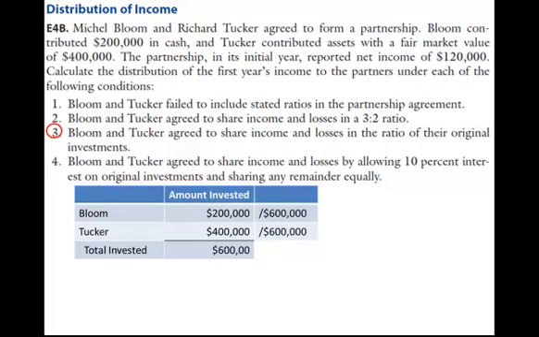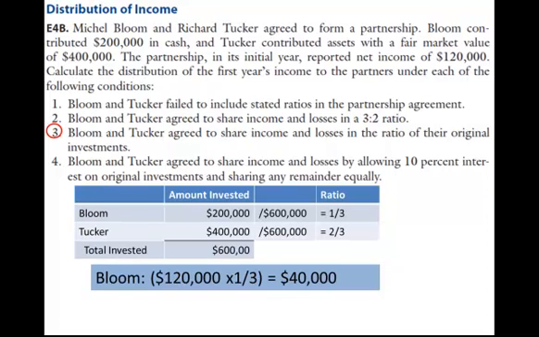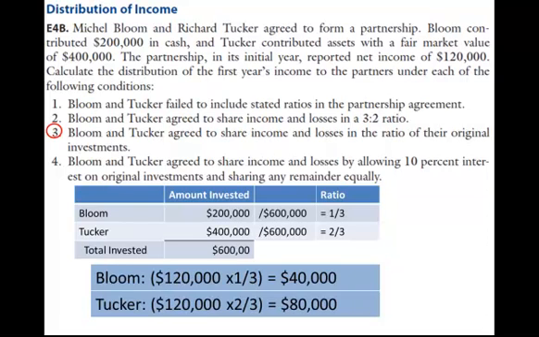That means Bloom invested 2 divided by 6, where Tucker invested 4 divided by 6. So Bloom's ratio is going to be 1/3, whereas Tucker's ratio is going to be 2/3. So Bloom will claim 1/3 of the $120,000 income, which is $40,000, and Tucker will claim 2/3, which is $80,000.